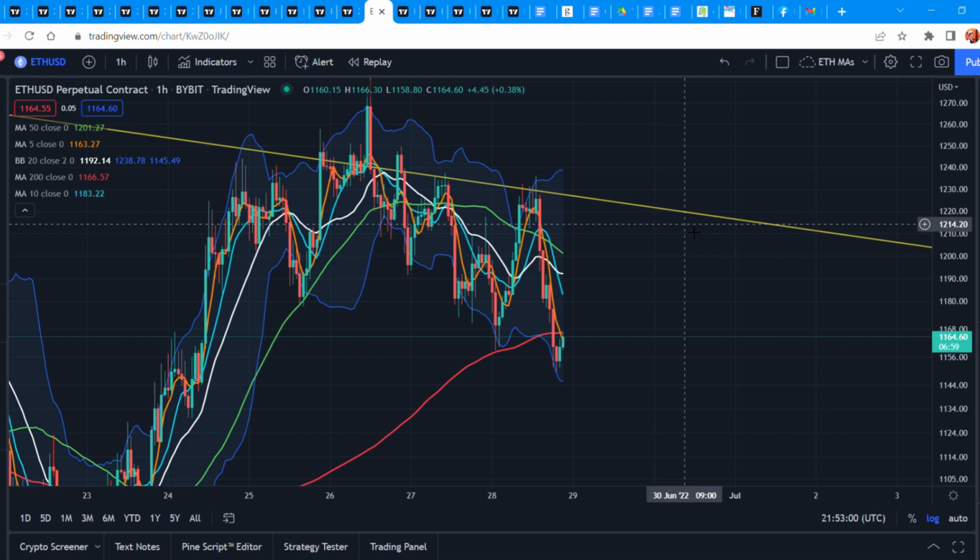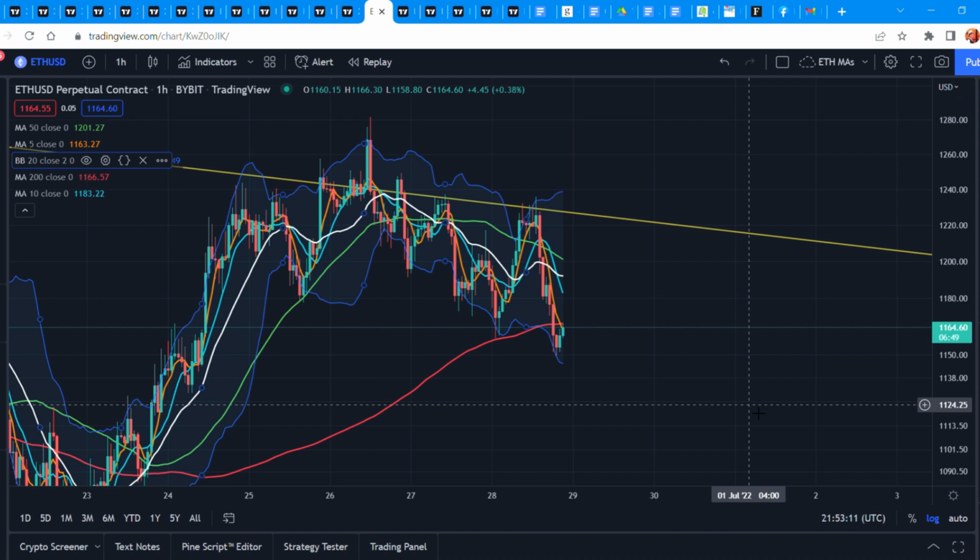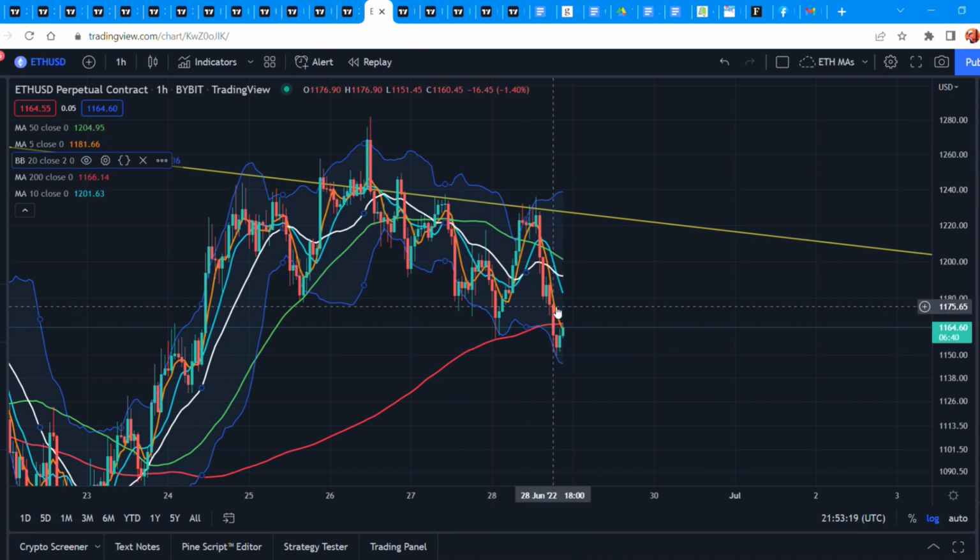The midline of the Bollinger is the 20. For instance, this white line is the 20 MA. I've been using the MAs a lot more recently because they're dynamic levels for me. So instead of having, for instance, in today's trades, the 1250, we have the 1200 here for ETH.